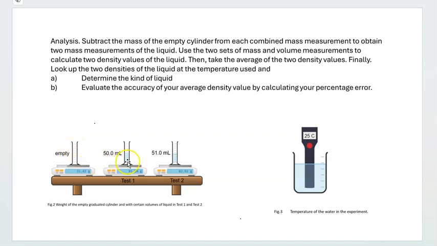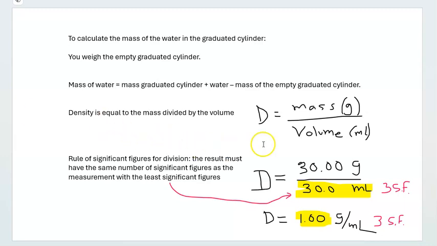You are not interested in the mass of the graduated cylinder. You are interested in the mass of the water, so you have to subtract the mass of the empty graduated cylinder from this mass in each case. And after that, you apply the corresponding formula. The density is equal to mass divided by volume.